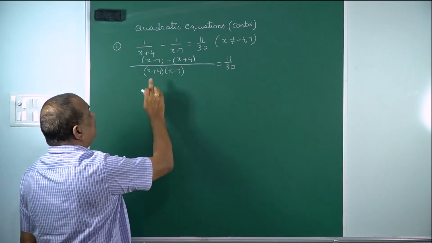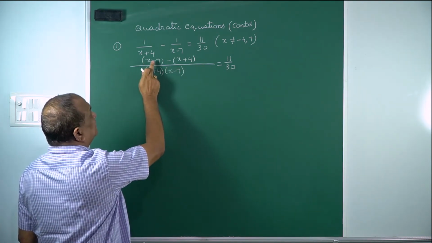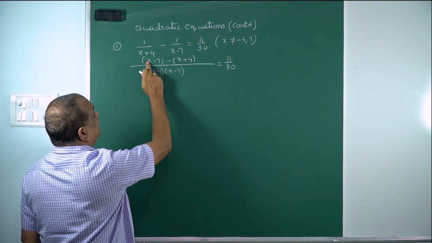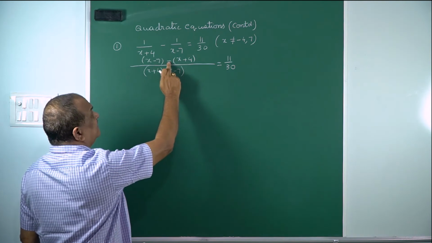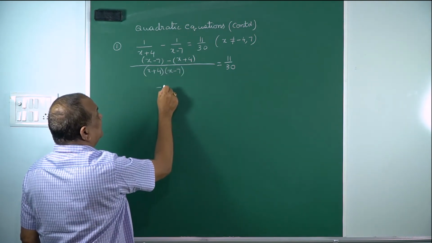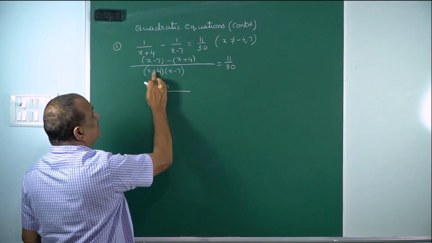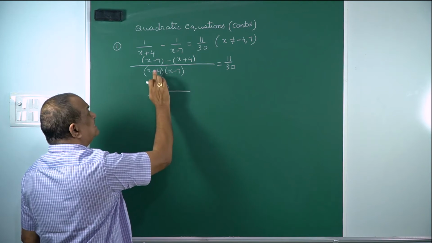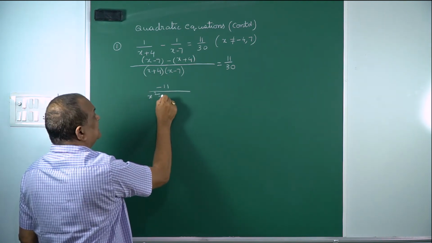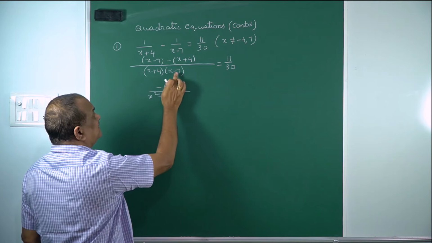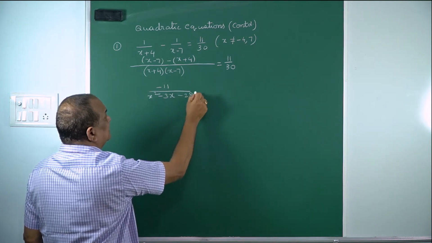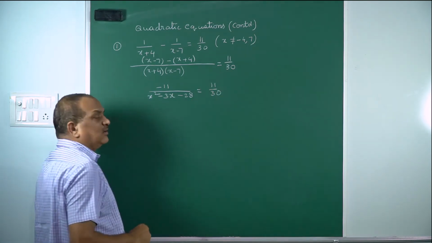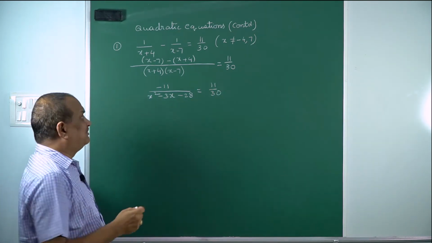If you simplify the numerator, x minus 7 minus x and minus 4. x minus x gets cancelled, minus 7 and minus 4 will be minus 11, by, you multiply these two, x times x, x square, minus 7x and plus 4x is minus 3x, and the product of these two will be minus 28, is equal to 11 on 30. The next step is a simple cross multiplication.